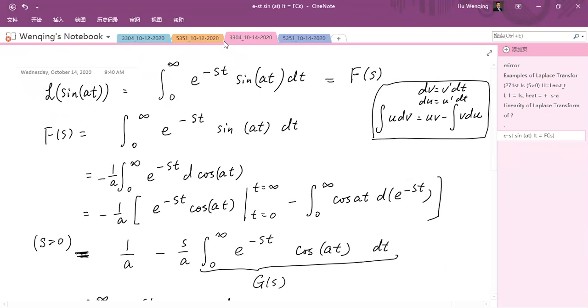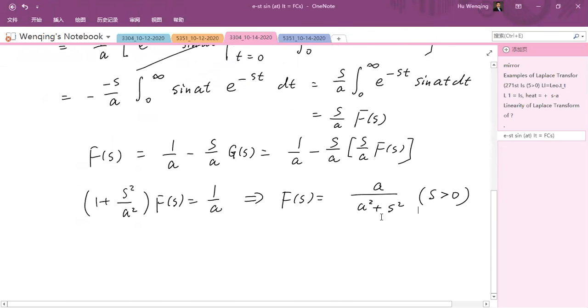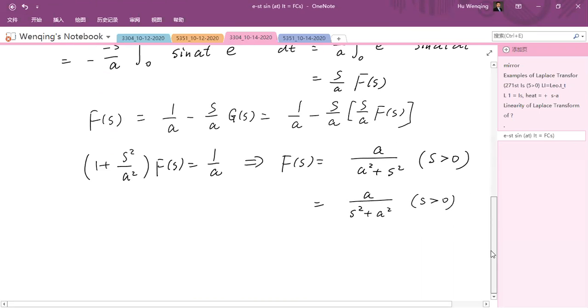Okay, so the conclusion is that we have calculated that the Laplace transform of sine at is a over s squared plus a squared, where s is positive. So sine at is being Laplace transformed to a over s squared plus a squared, where s is positive.